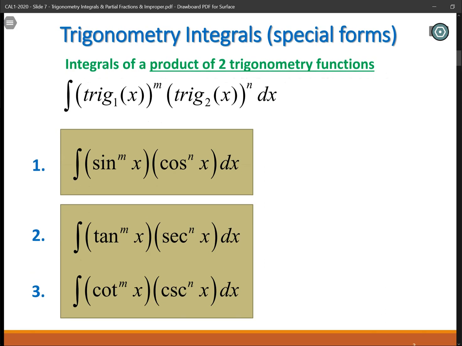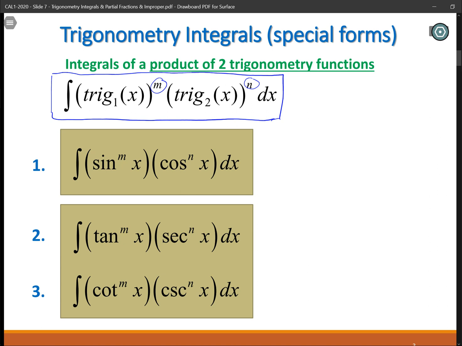Now let's move to the next slide. So we see this pattern again that we just wrote down. That is our main goal of today. We want to find the answer for the integration of trig 1 to the power of m and trig 2 to the power of n. So you see this pattern, and if you go into the details of this, you can see that trig 1 can be any of the 6 trigonometry functions that we know, right?